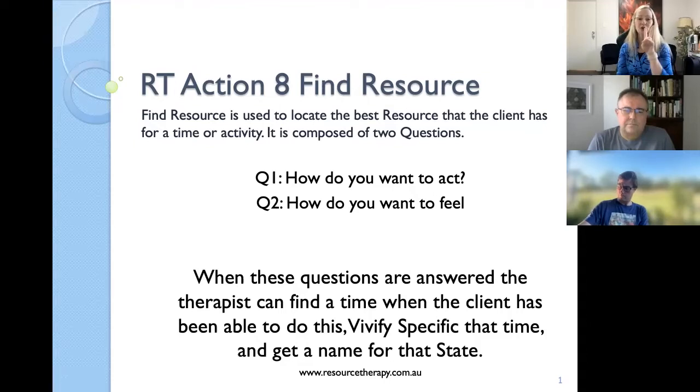Quite simply, it's 2 questions. And the 2 questions are, how do you want to act and how do you want to feel in the particular situation? So classic example, there's a lot of people out there with social anxiety.